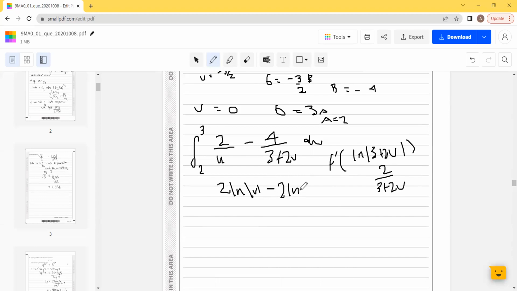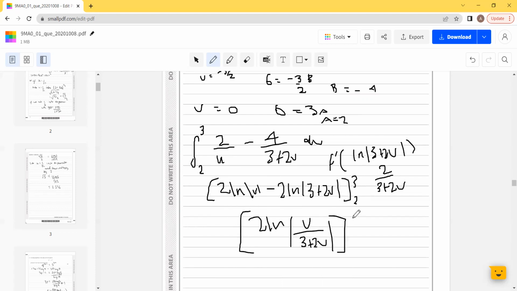So we have minus 2 ln 3 plus 2u, between 3 and 2. Okay, so we can also say that this is equal to 2 ln u over 3 plus 2u between 3 and 2.